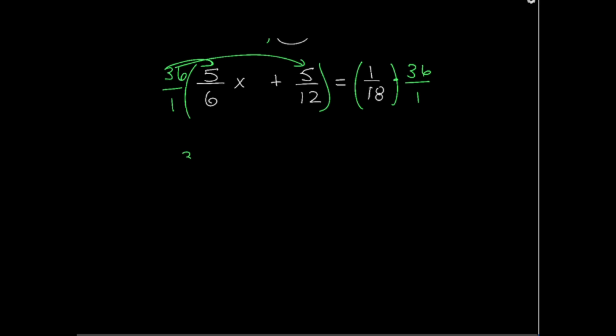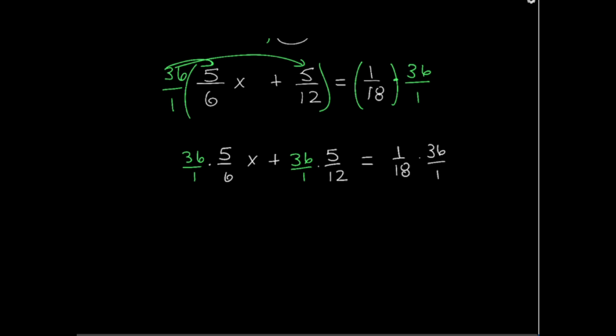So I have 36 over 1 times 5 over 6x plus 36 over 1 times 5 over 12 is equal to 1 over 18 times 36 over 1.